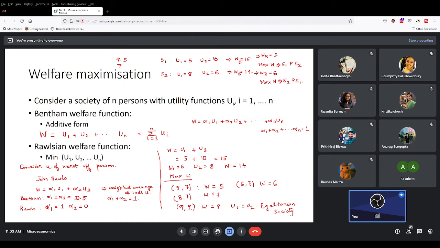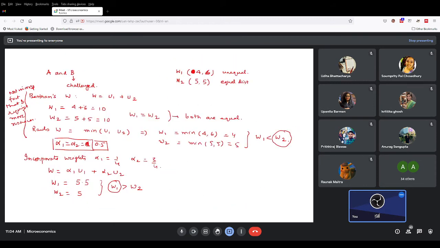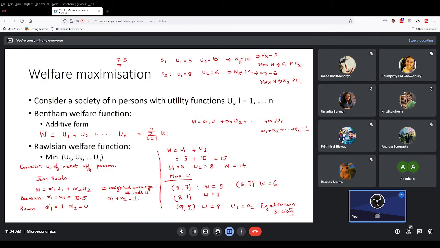Now, which of them is better? What do you think?